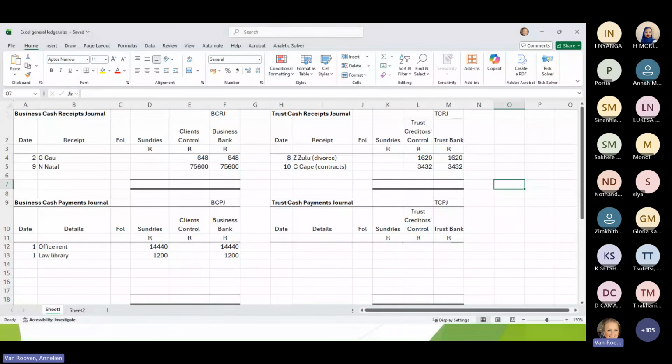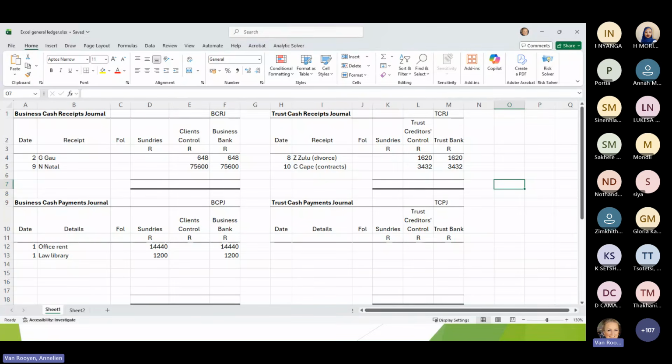This was on the 11th. Receive an account from P&C Stationeries for stationery purchased on credit, 846.